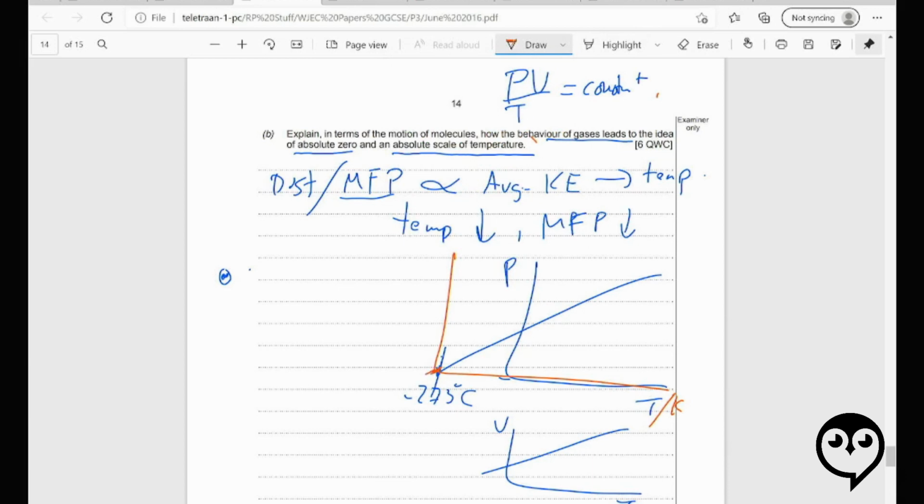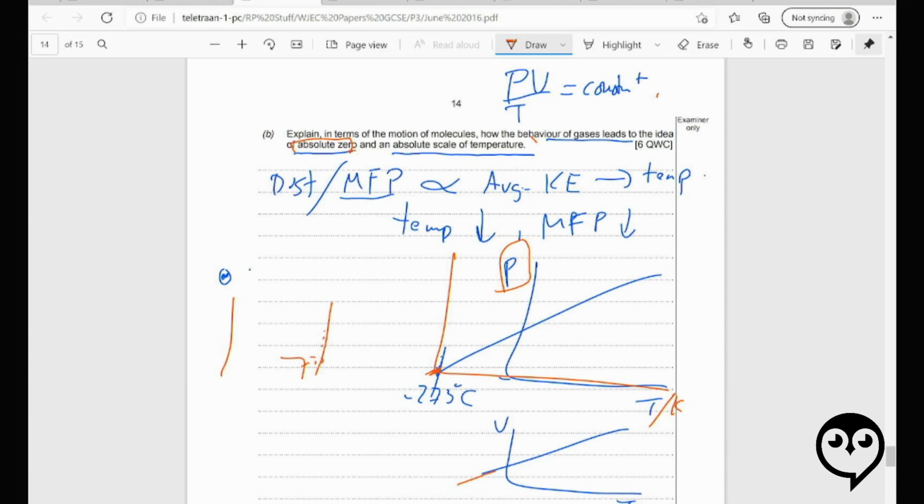Okay, I guess the only other thing we could add is that absolute zero would have to be the theoretical point at which all motion has stopped. Why? Well, because if the pressure is down to zero, it means there's no more collisions with the surfaces of the container. Okay, and I mean, let's face it, at this point the substance is going to be a solid, but a solid is not going to be having particles jump out and hit against the wall.